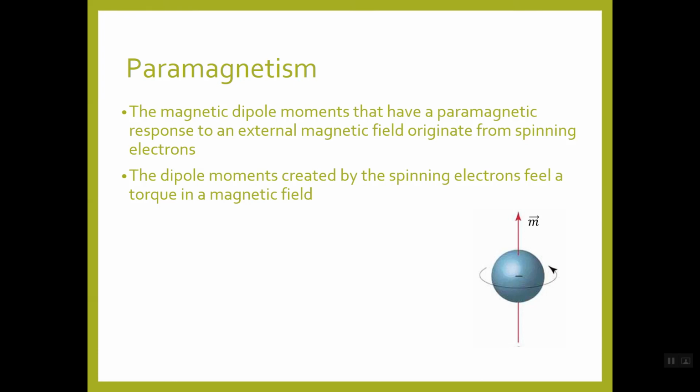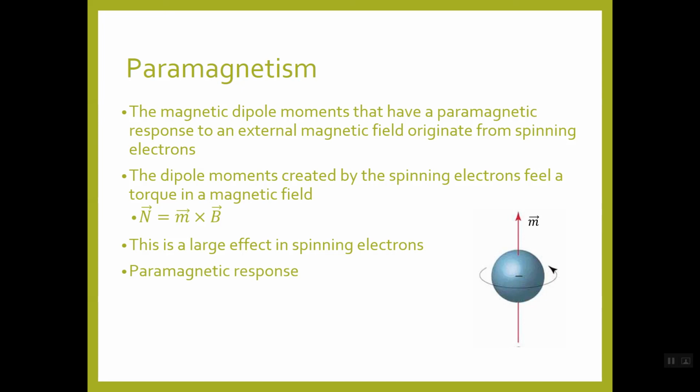So the dipole moments created by the spinning electrons feel a torque, just like we calculated earlier in the slides, in a magnetic field, N equals M cross B. And this is a large effect in spinning electrons. It's a small effect in the orbital magnetic dipole moment. That's why we did not look at it for the diamagnetic response. But for the spinning electrons, this will be a large effect. And so we have a paramagnetic response.